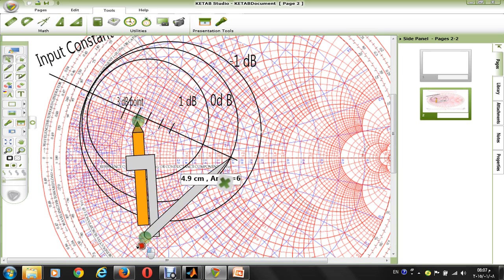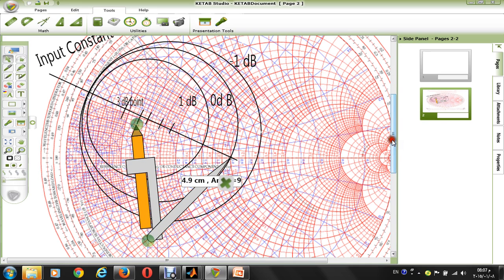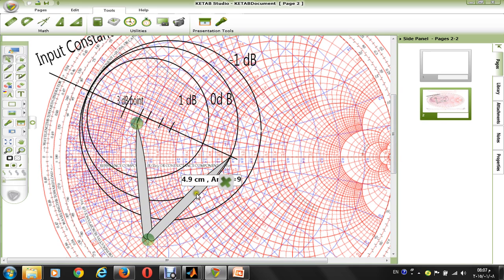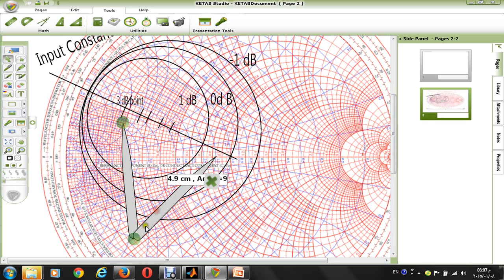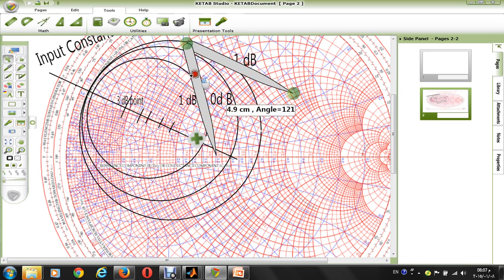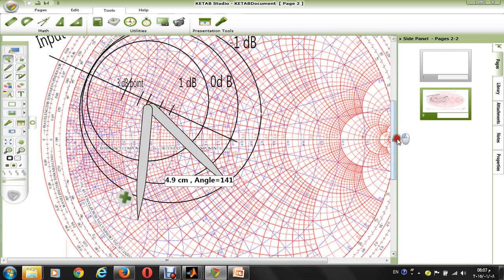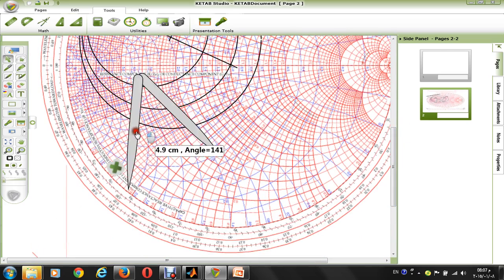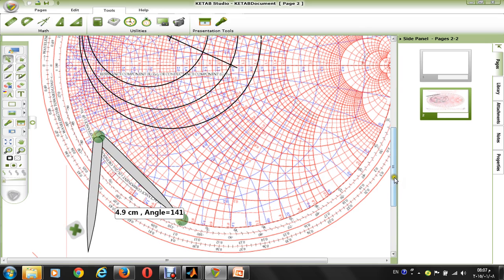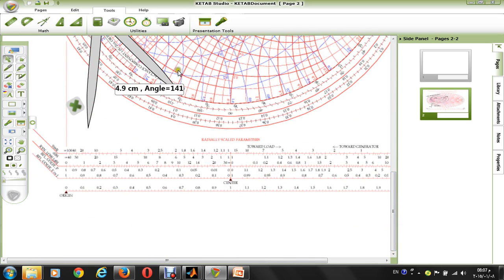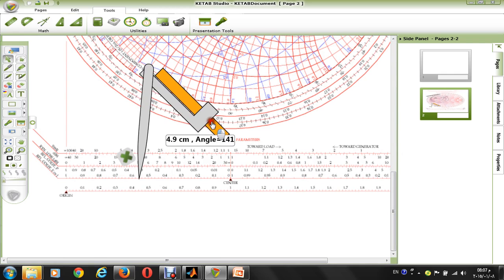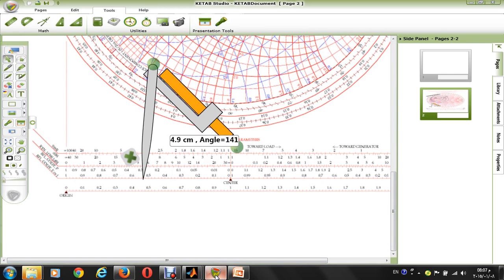I mark, and then I go back to the reflection coefficient scale to find out, sorry, I want this.